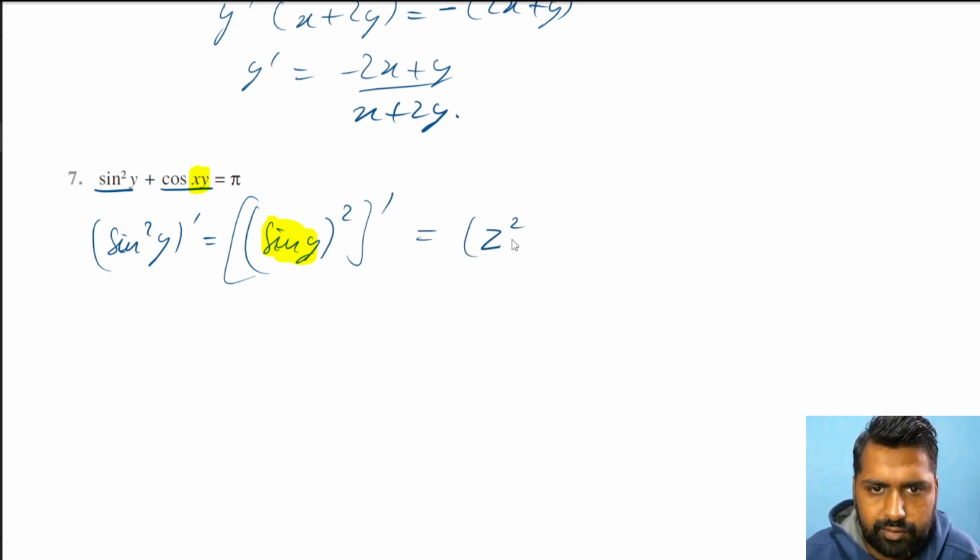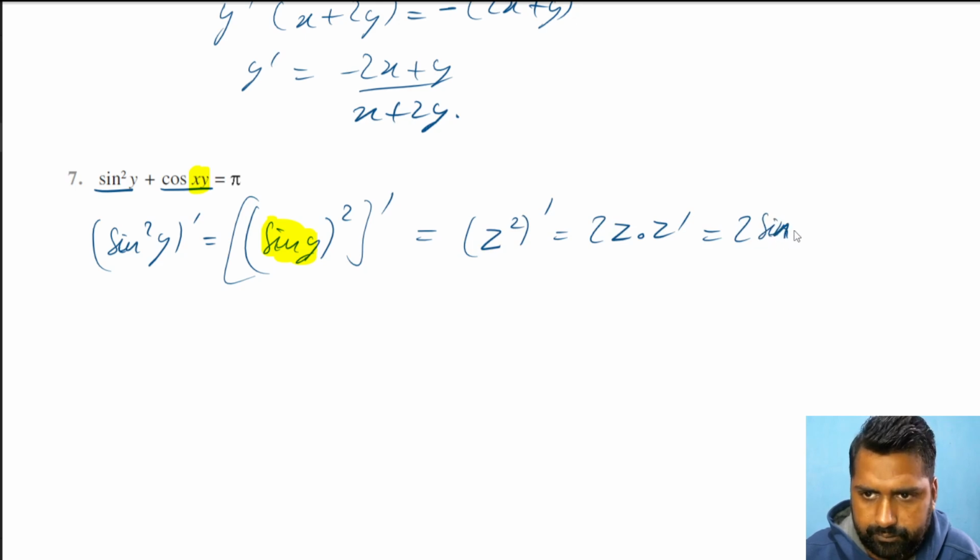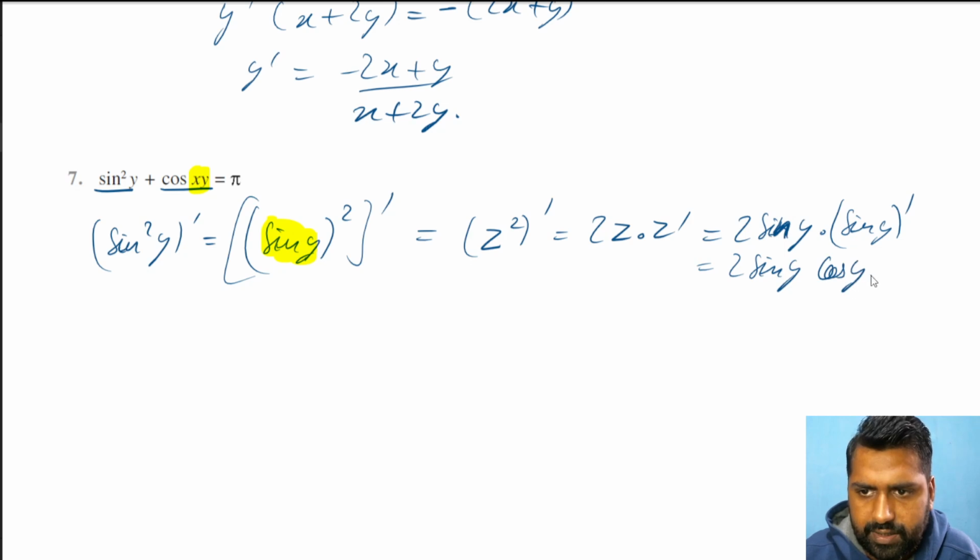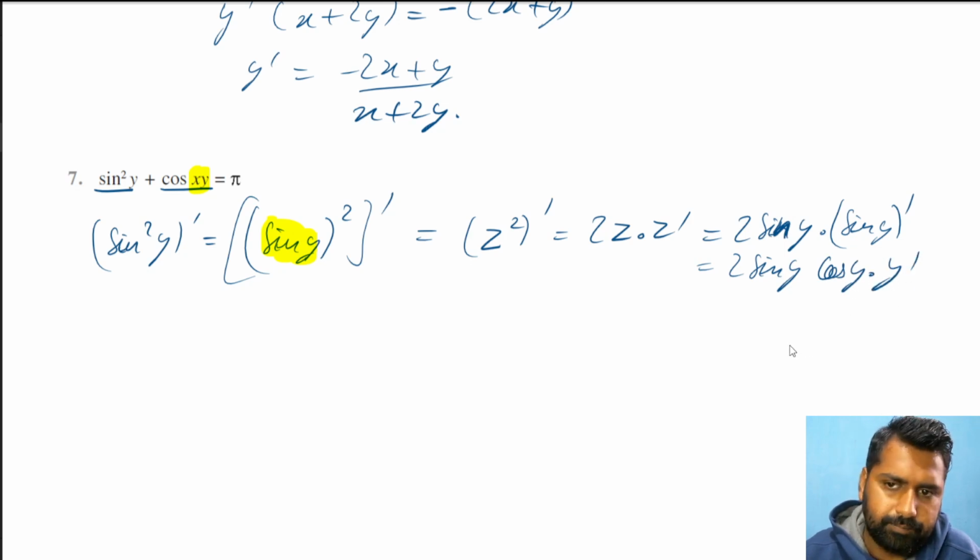So z square differentiation, that's 2z into z dash, that's 2 sine y into, what was our z? Sine y differentiation. So 2 sine y differentiation will be cos y into y dash. Okay, and if we want, we can combine this. I'll combine it using trigonometry later if required.